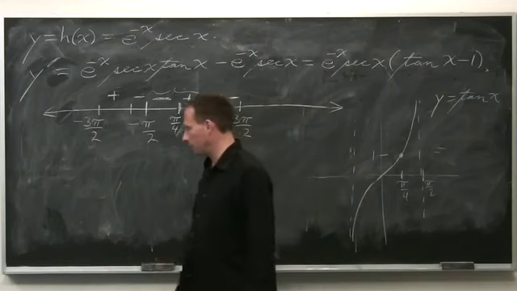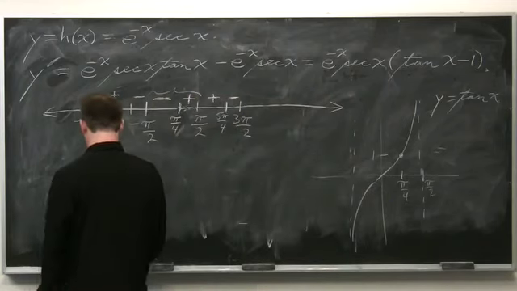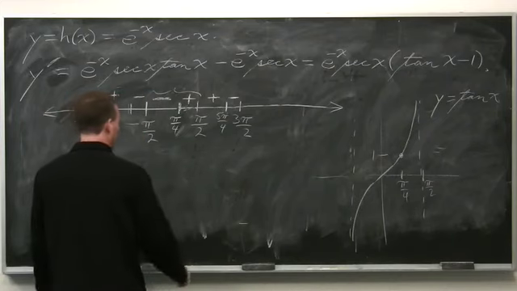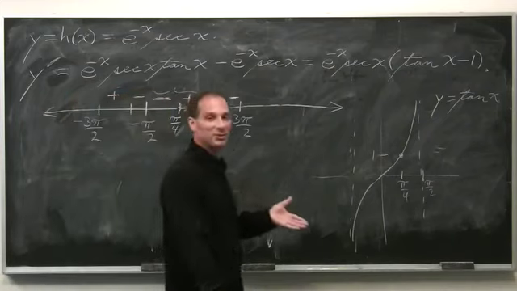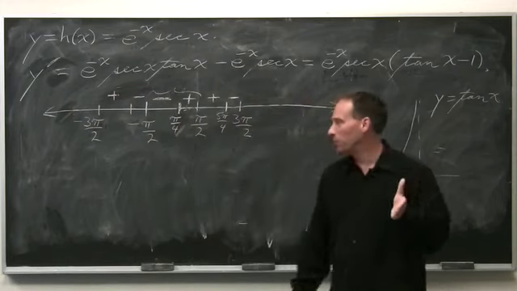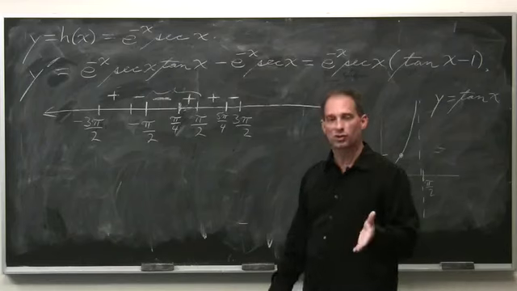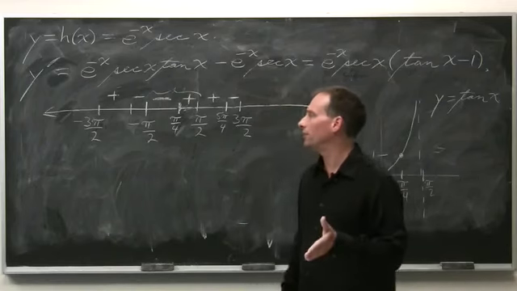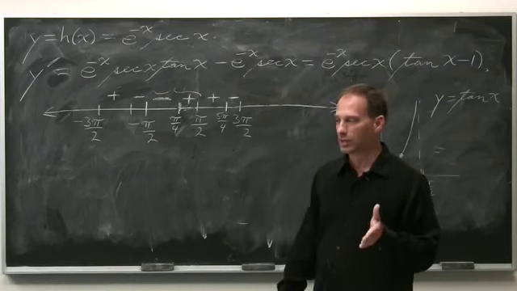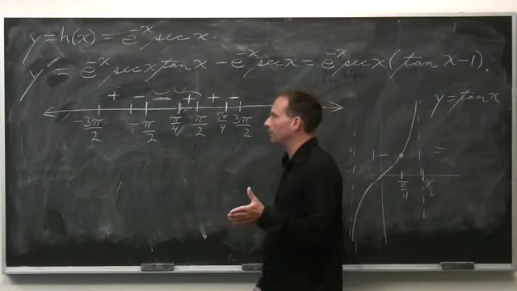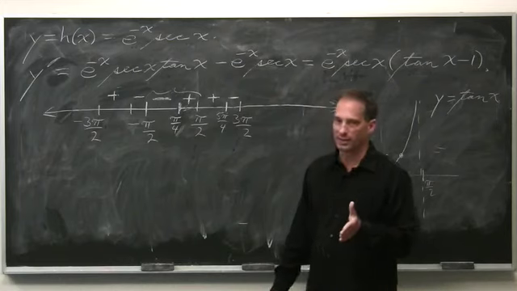So the graph of this is very ugly, very complicated. Maybe I won't even try to sketch it, but let you look at it in the book. But the point is, you have an infinite number of local extrema. You have an infinite number of vertical asymptotes. The calculation is not so bad, and you can read it in the book.